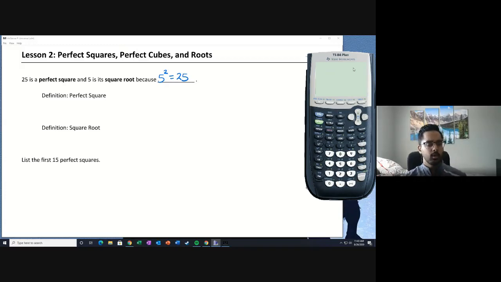Okay, now we'll put that into words. So we'll define what a perfect square is here. We're going to say it's the product of a rational number multiplied by itself.